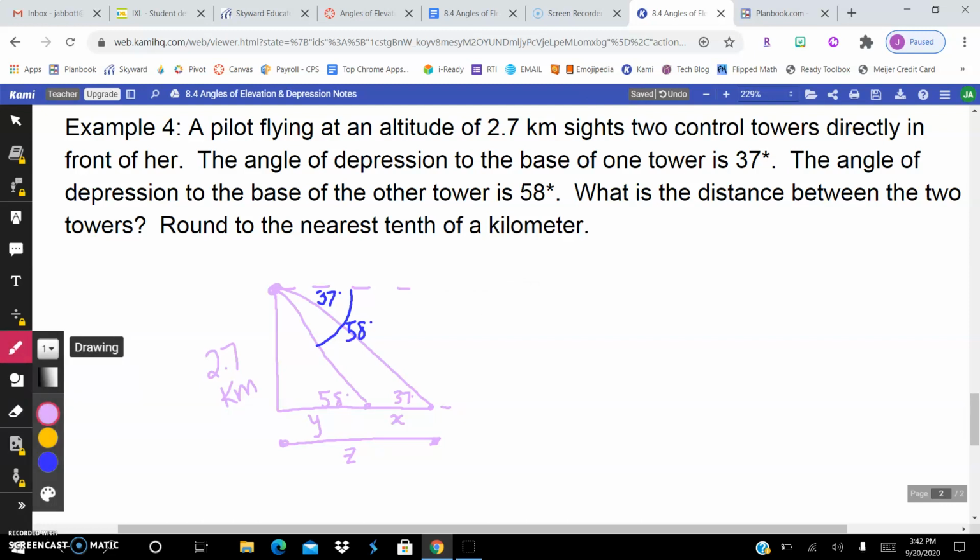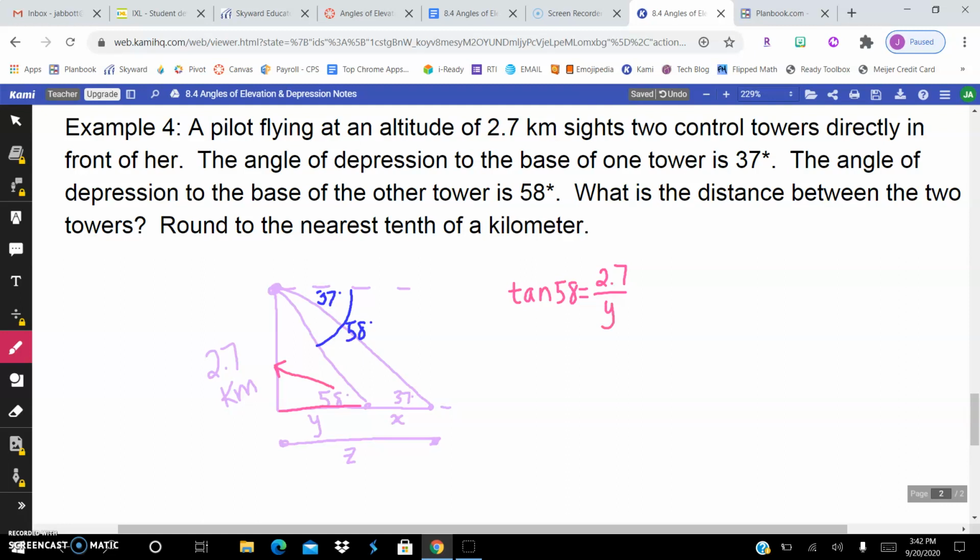In order to find the value of y, we have the angle of 58 degrees, we have the opposite side, and we're trying to find the adjacent side. Opposite and adjacent is our tangent. So the tangent of 58 is going to equal 2.7 over the y value.